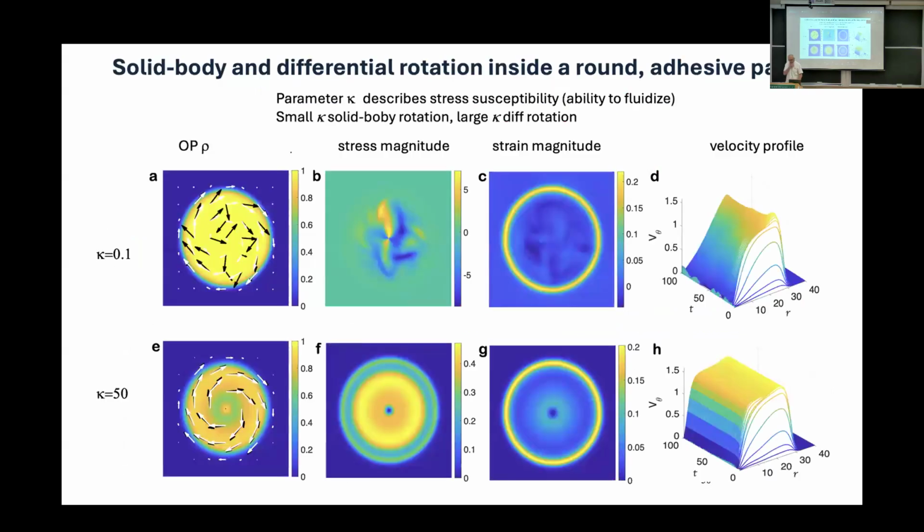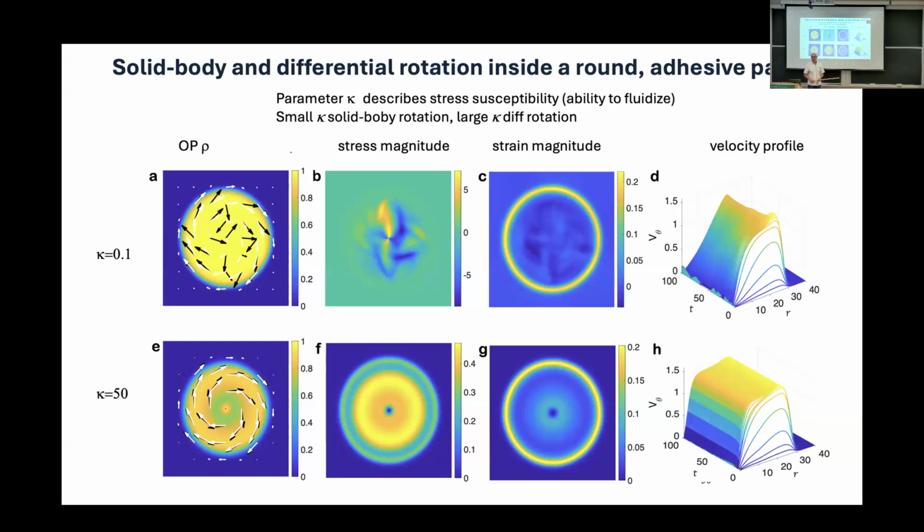Okay, the next thing we examined was the onset of solid body rotation. And indeed, for small patches like that, this is the adhesive patch, and everywhere here is non-adhesive. For small susceptibility to the stress, we observe solid body rotation, which is even surprising in this situation.